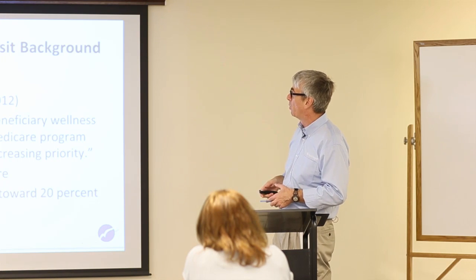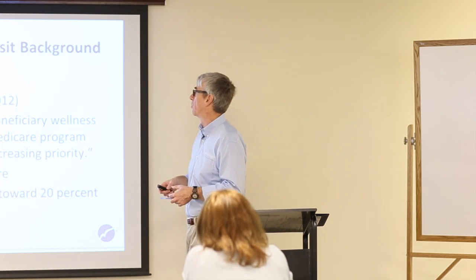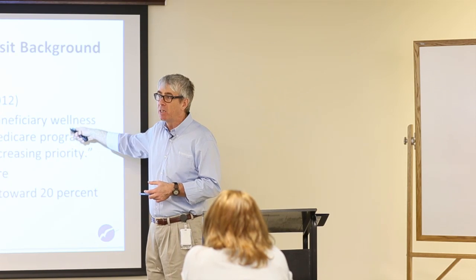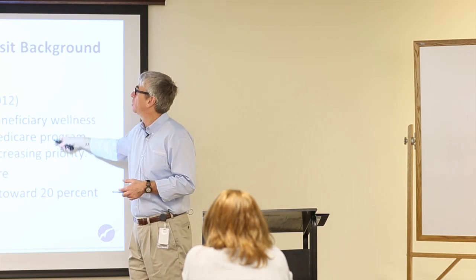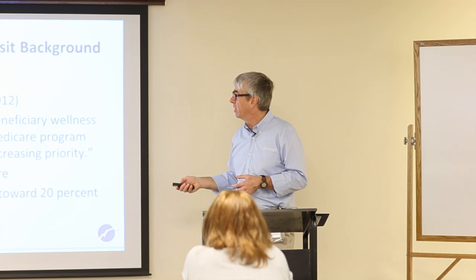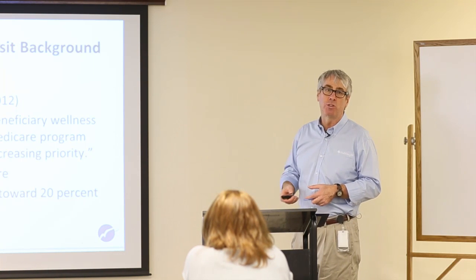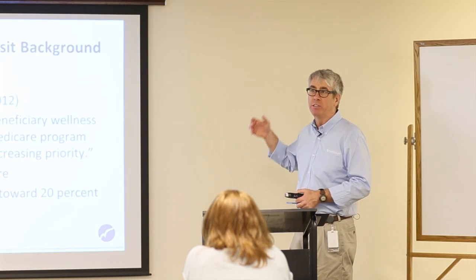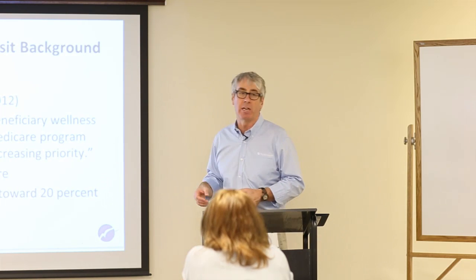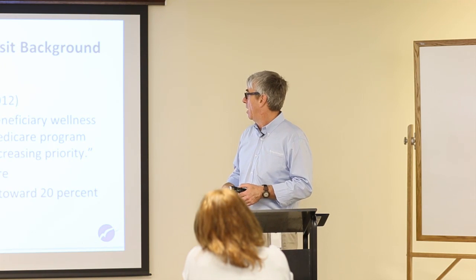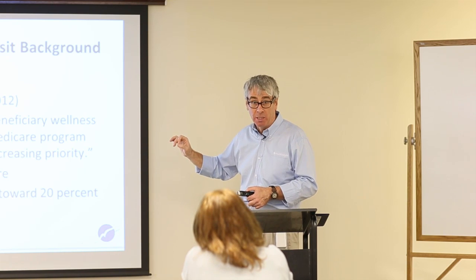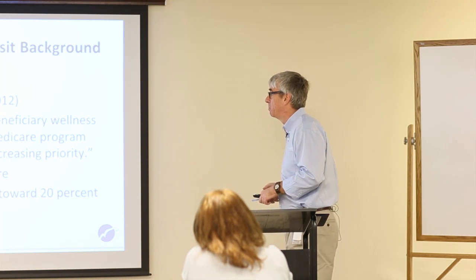Preventive care and beneficiary wellness are important in the Medicare program and will become an increasing priority. CMS, Medicare declared, this is why we're doing this. It is deliberately included to strengthen primary care. It's a new service that wasn't available before. If we understand it correctly, it pays well. But one of their intentions was that it would strengthen primary care.